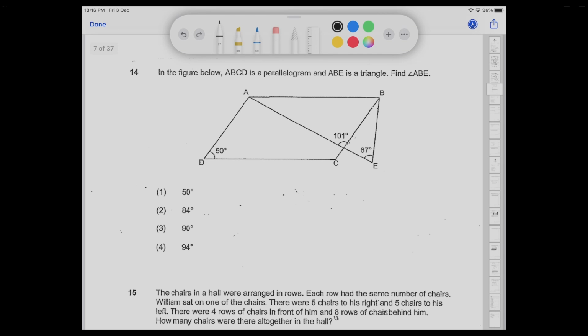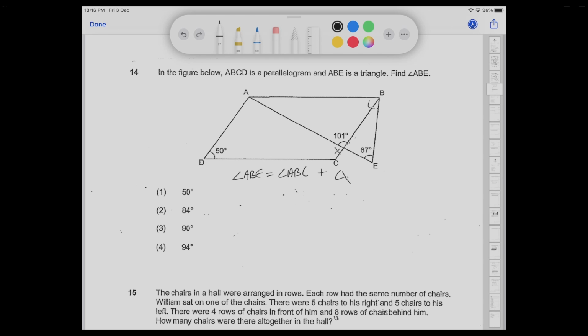Right, angles. ABCD is a parallelogram and ABE is a triangle. We want to find angle ABE. Alright, so let's see what we have. We realize that ABE is made out of 2 angles. One of them is ABC, and one of them is, okay, let's make this angle X. Let's just call it X, right?